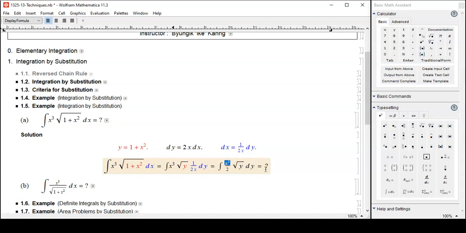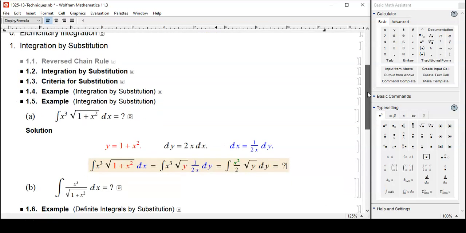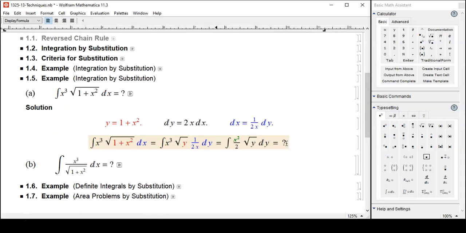This one here, which I just highlighted in bold green. Maybe let's take bigger fonts so that you can see better. After those two substitutions, I should be getting a y integral, but not yet. I still have some leftover x flying around. I cannot do any computation here with y alone. What do I do now?